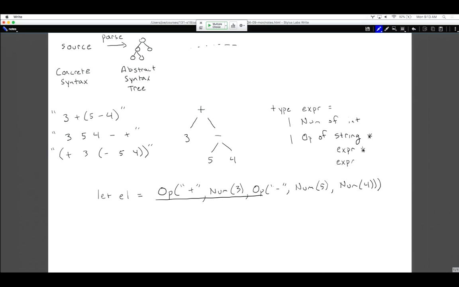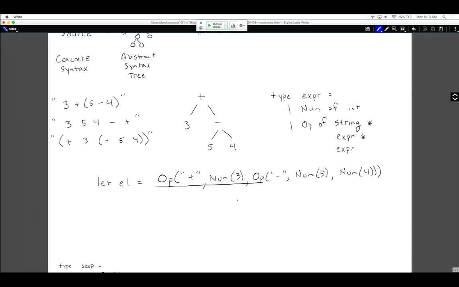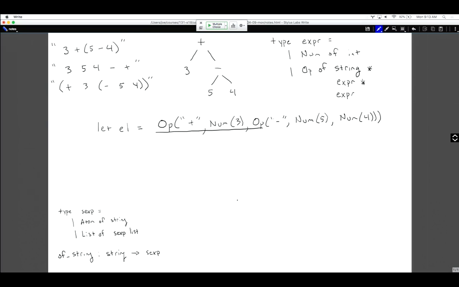The other example that's on the handout, just to be clear about how flexible this idea of thinking about different concrete syntaxes is.